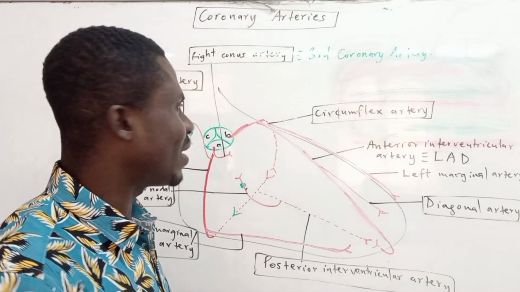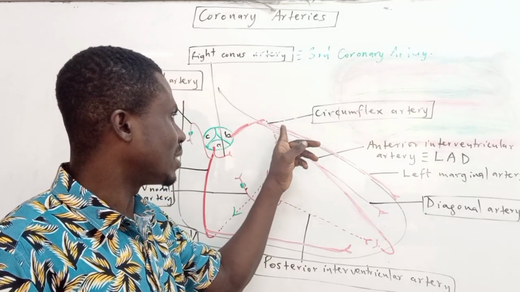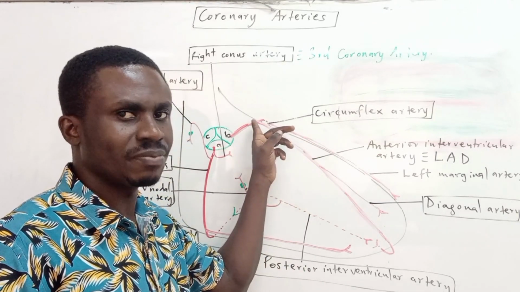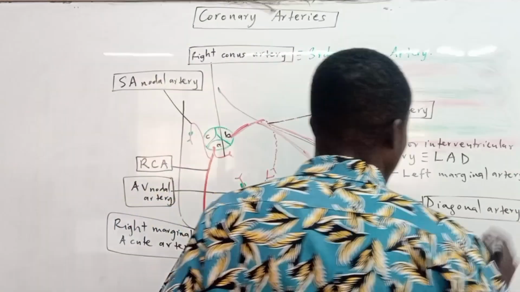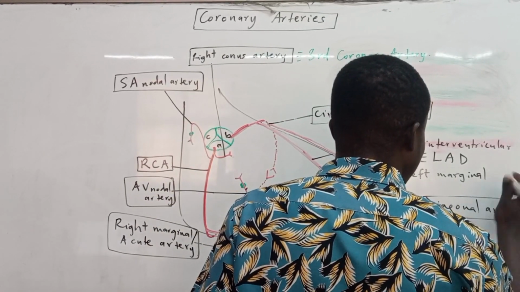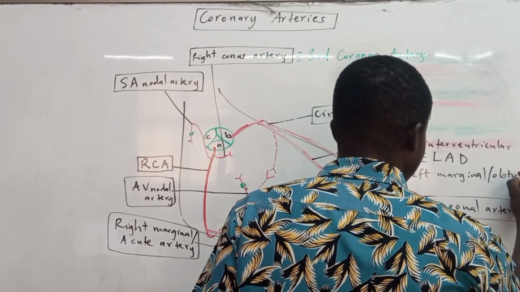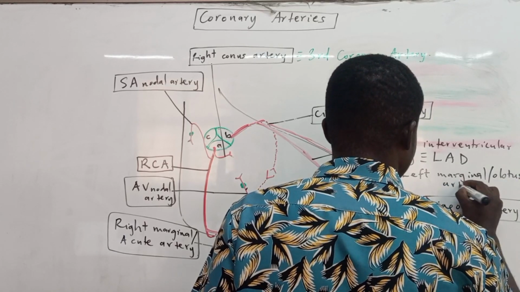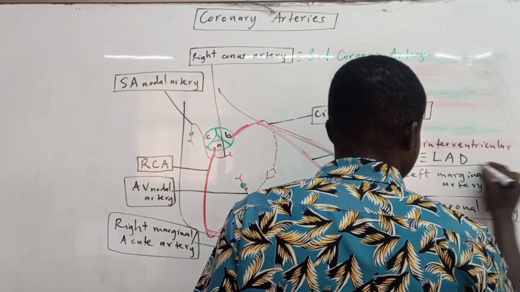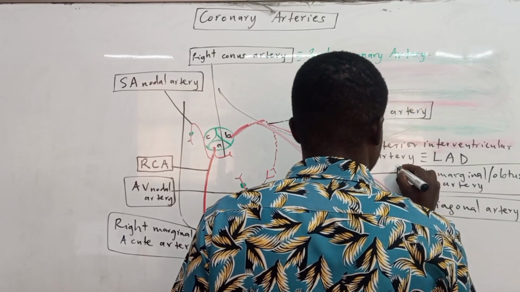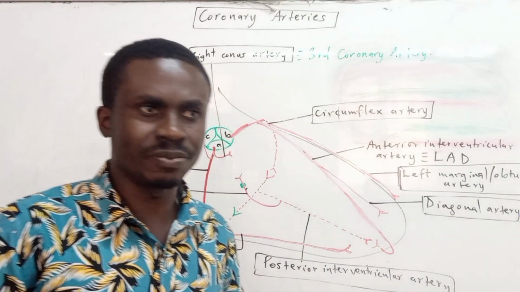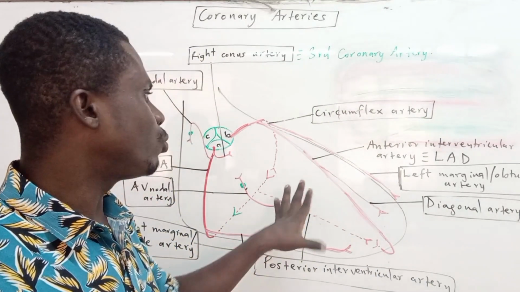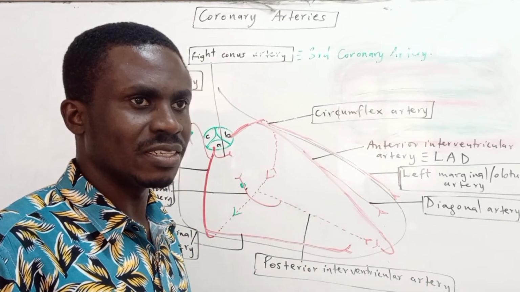And remember, the angle that the left marginal artery makes with the main trunk is actually an obtuse angle, and that is why we may also call it the obtuse marginal artery. So I want you to appreciate these things.